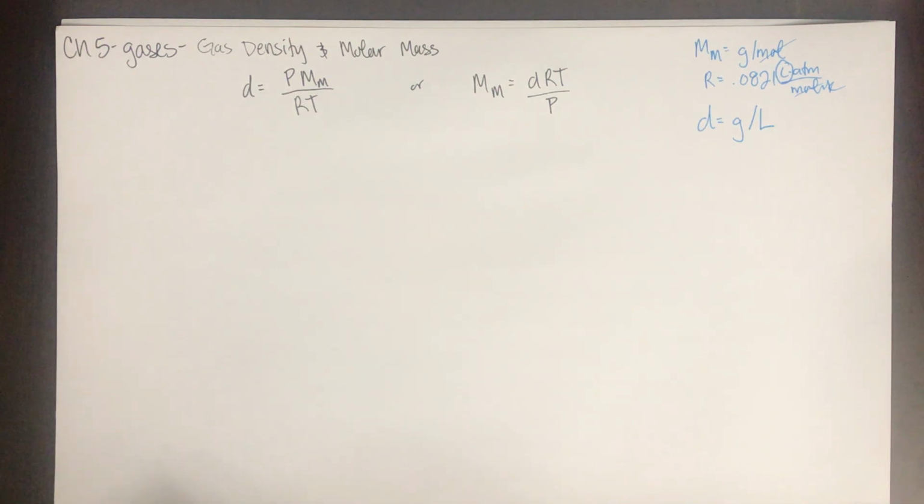What is the density of natural gas, methane, CH4, at 125 degrees Celsius and 3.50 atmospheres?